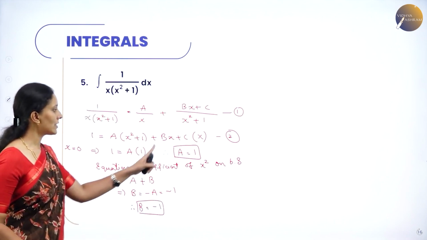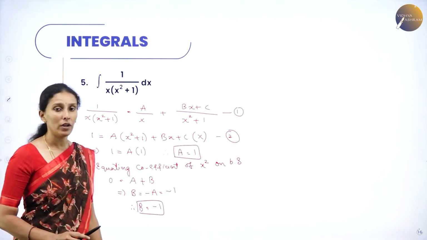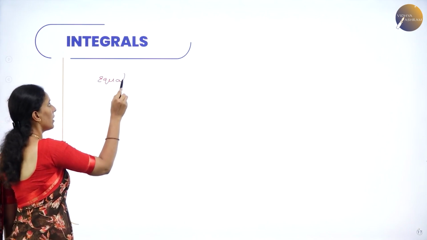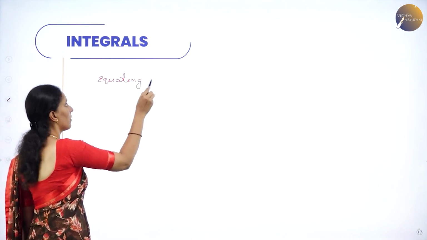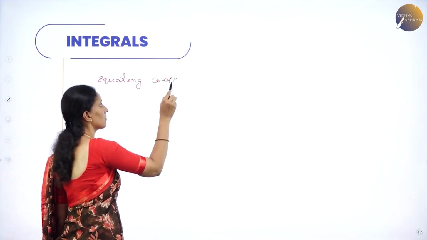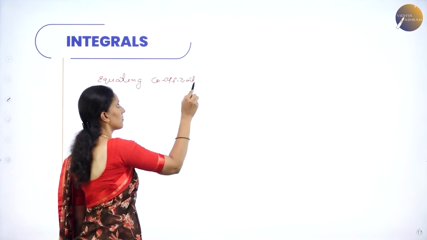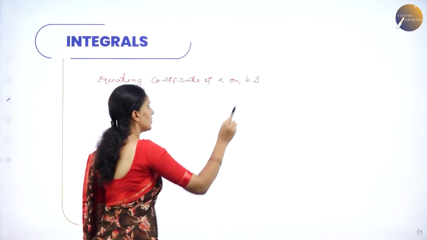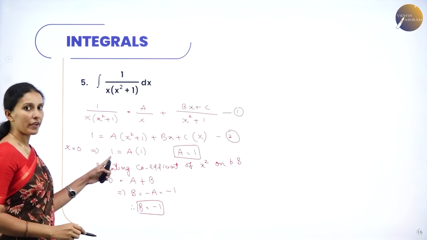Next we need to find c. c is the coefficient of x. So let me equate coefficients of x on both sides. Do you find any coefficient of x term here?